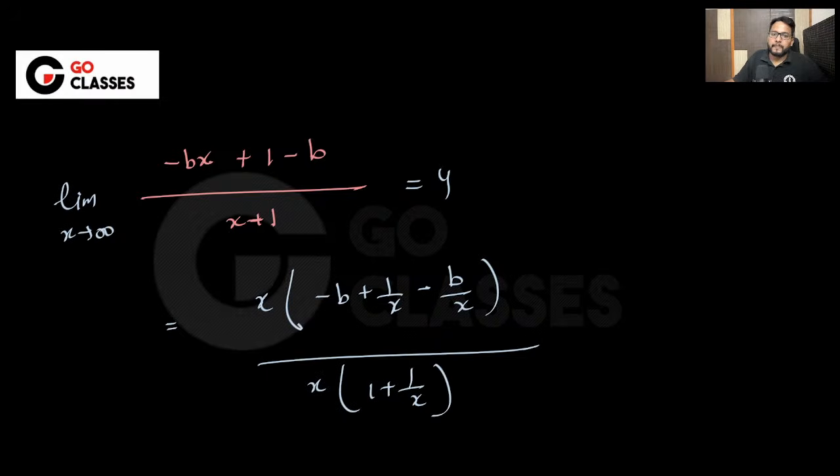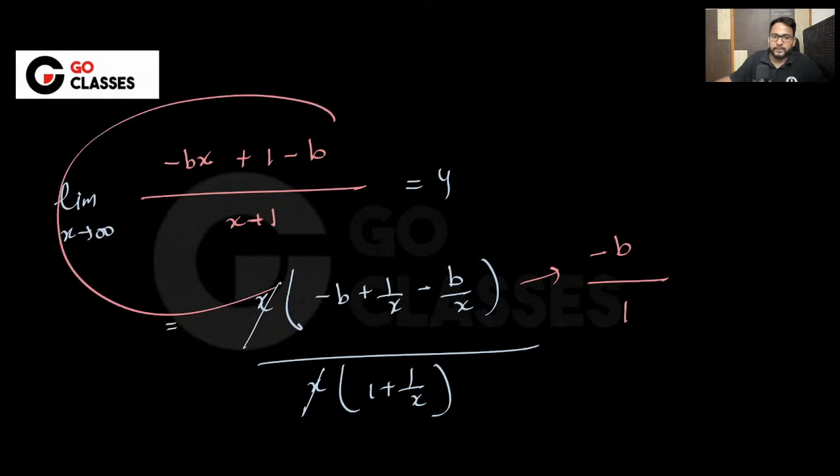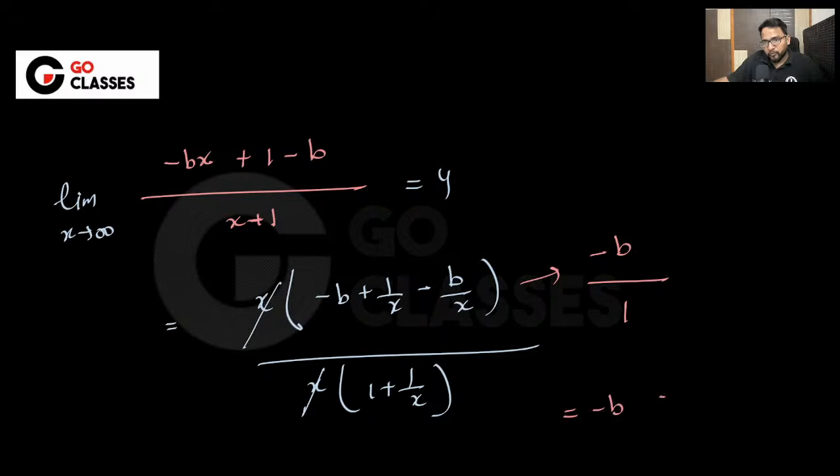Now you cancel this out. Now you put infinity again. What will the numerator be? It will be minus b. What is the denominator? It will be just 1. So finally this particular limit is minus b, and that is given to be 4. That is why b is minus 4. That's how you can solve this particular question.